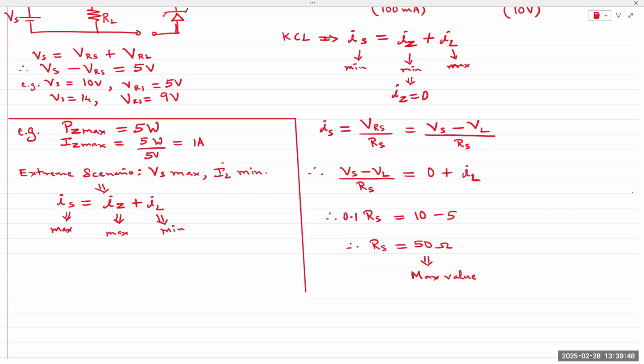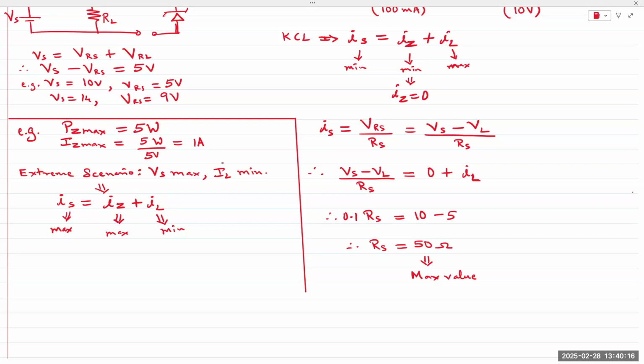So in this scenario, supply voltage goes to its maximum, but the demand is at its lowest. Supply current goes to its max, demand current is at its lowest. That means the Zener diode must be able to pass all of the other current through itself. And the limit on that current is 1 amp.